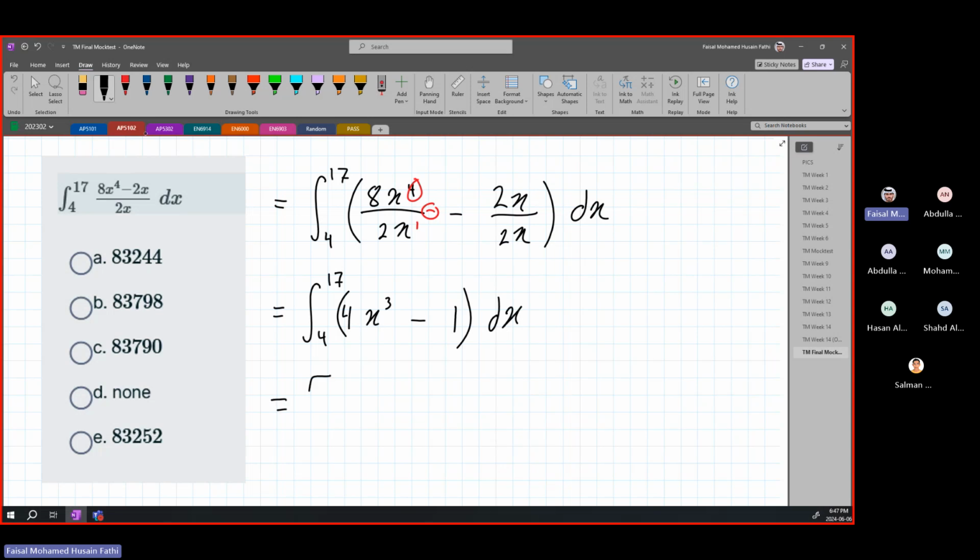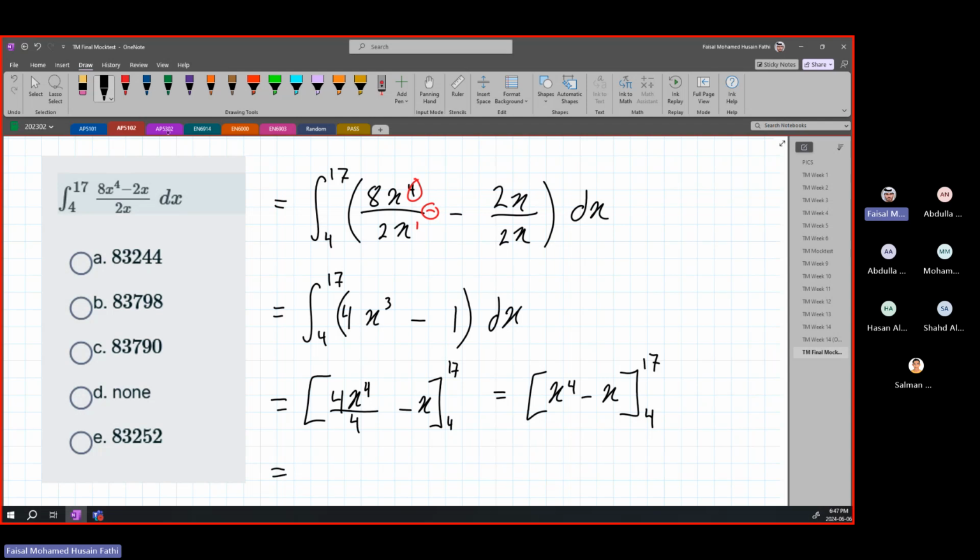So this is going to be equal to 4x power 4 over 4 from 4 to 17, which simplified is 4 and 4 will cancel. You'll have x power 4. Oops, sorry, minus x, because you are integrating minus 1, it will become minus x from 4 to 17.